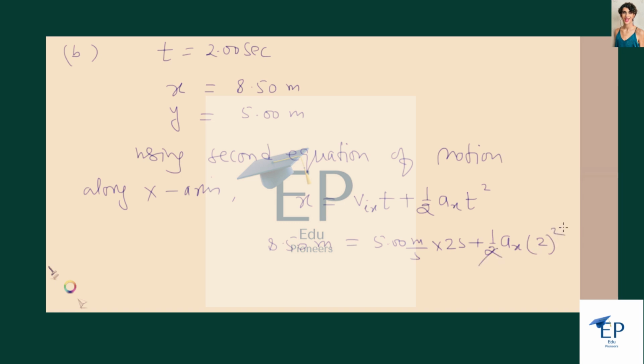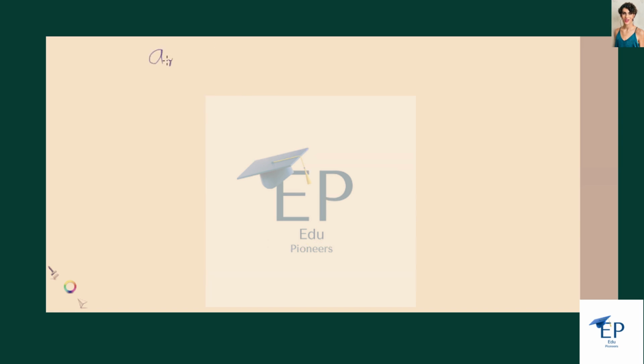So cancelling this 2 here, we get 2ax is equal to 8.50 meter minus 10.0 meter, cancelling the seconds also. So it becomes minus 1.50 meter. Hence, acceleration along the x-axis comes out to be minus 0.75 meter per second square.